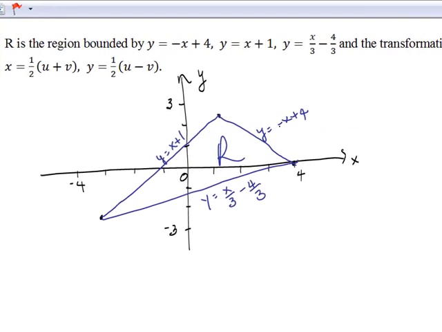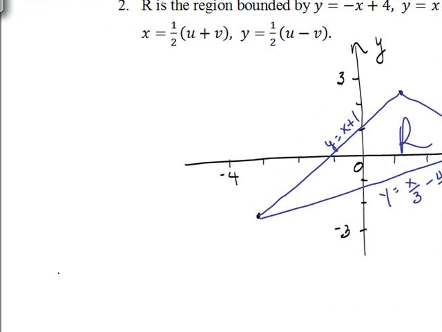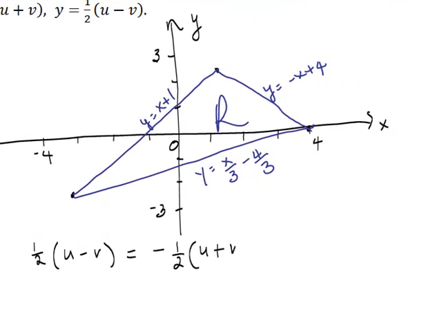Now let's use the transformation. Let us take the equations for the transformation, and substitute it into each of these three equations. Let's see what we get. So let's start off with y equals minus x plus 4. This line. Let's substitute what we have there for y and x. So we have a half times u minus v equals minus x, that's minus a half, times u plus v plus 4.